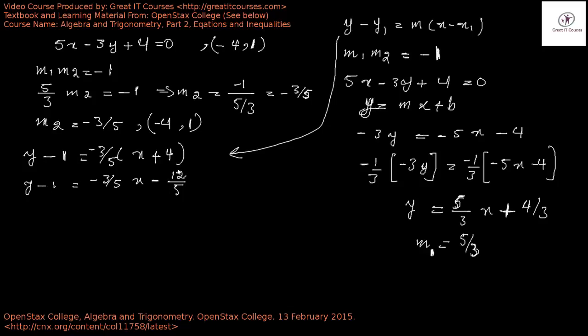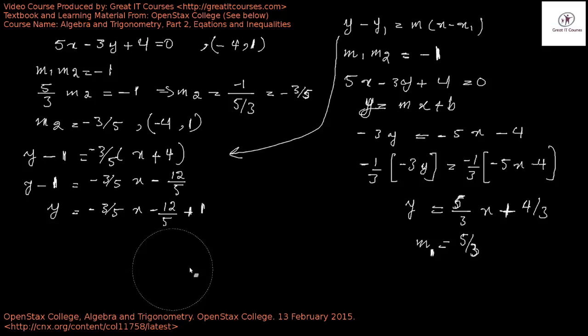Now what you need to do is keep your y over here. I want to write it in the slope-intercept form. So I can keep my y over here and write it as minus 3/5 x minus 12/5 plus 1. Now minus 12/5 plus 1, I can write this as minus 12/5 plus 5/5. So this would be minus 12 plus 5, and then this would be minus 7/5.